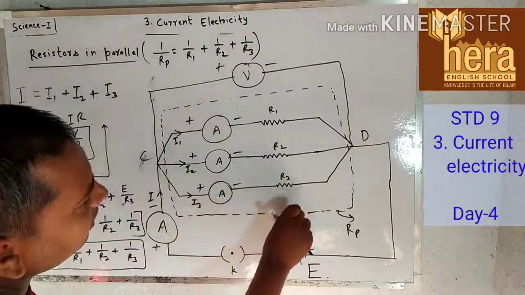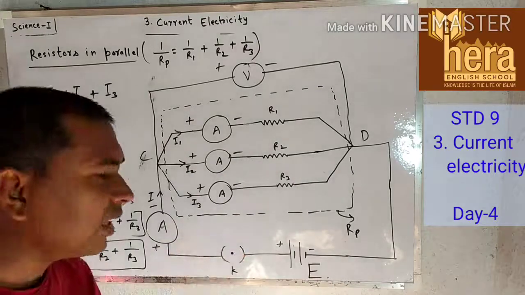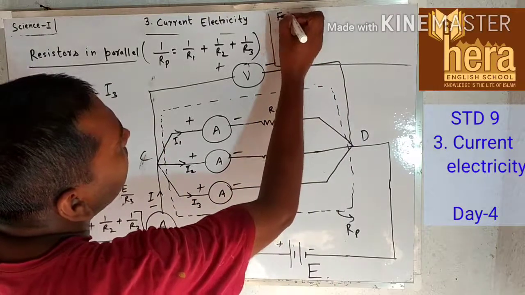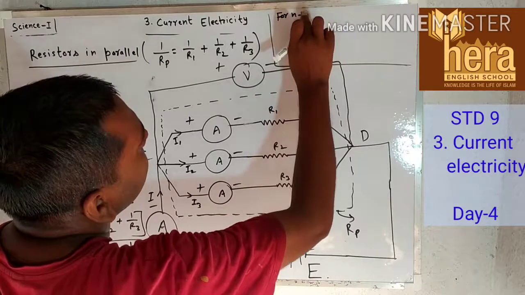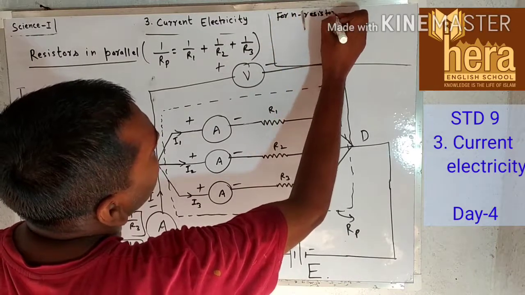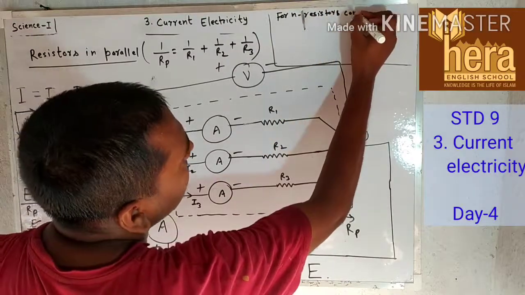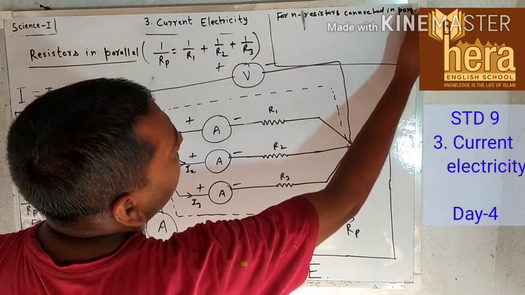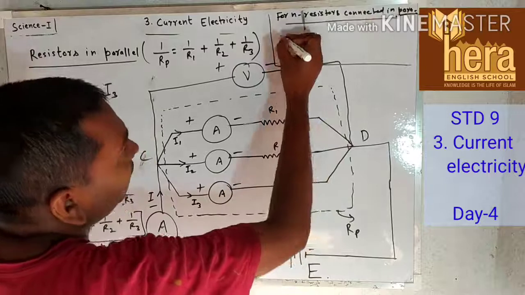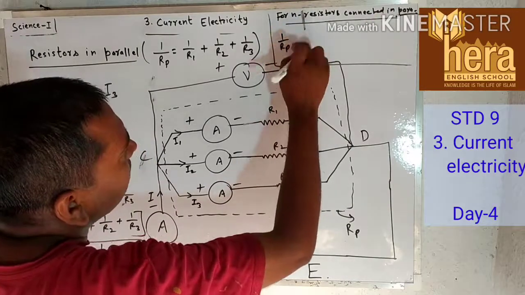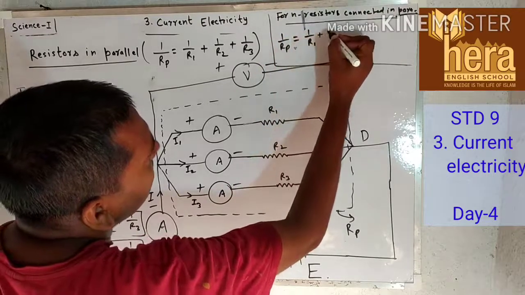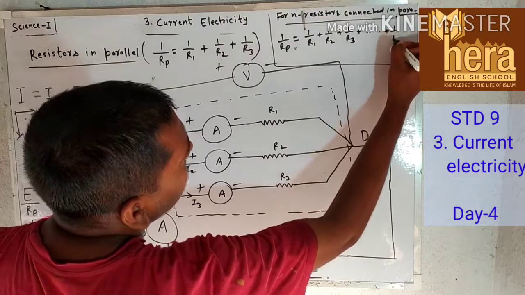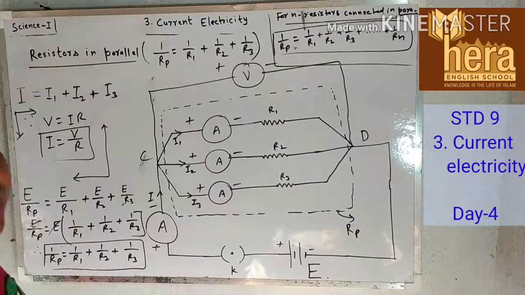If there are n resistors, say R4, R5, R6, up to Rn, for n resistors connected in parallel, 1 upon Rp is equal to 1 upon R1 plus 1 upon R2 plus 1 upon R3 plus dot dot dot plus 1 upon Rn.